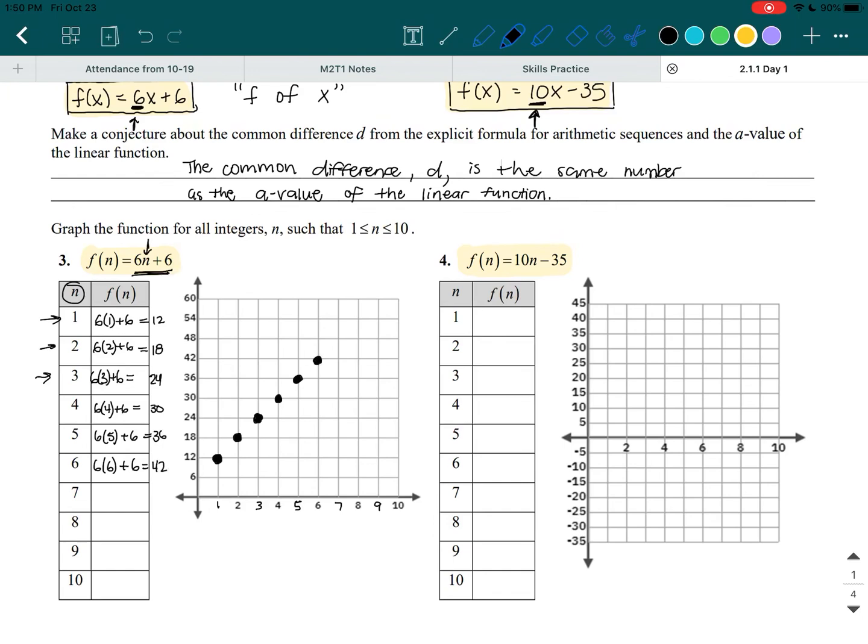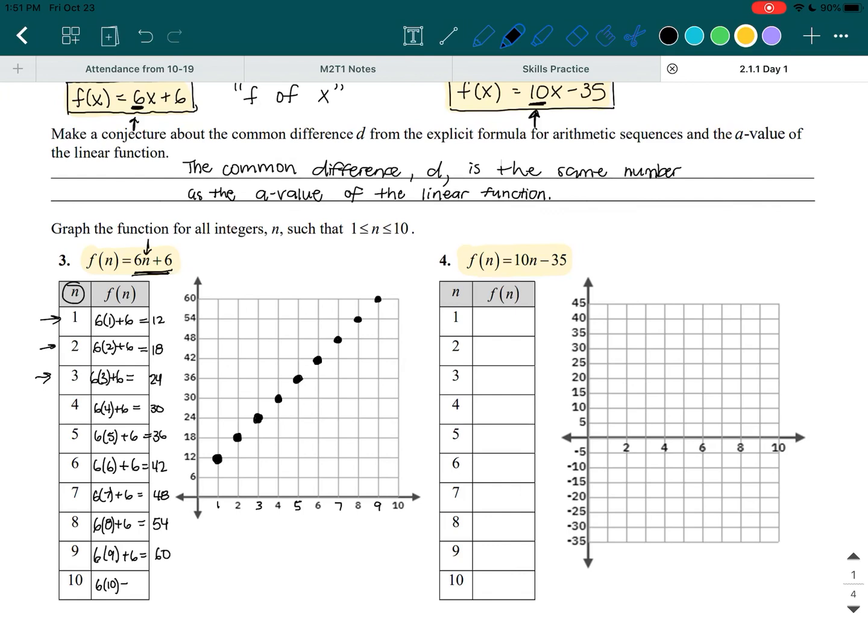So 6 comma 42. The next one, plugging in 7, should give you 48. Plugging in 8 gives you 54. And plugging in 9 gives you 60.